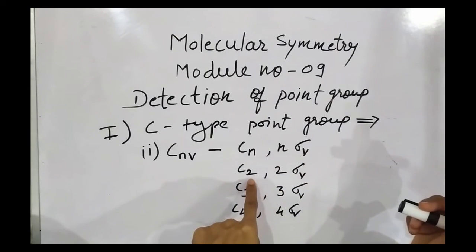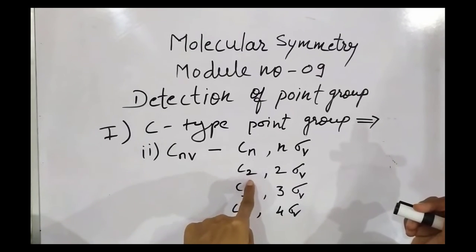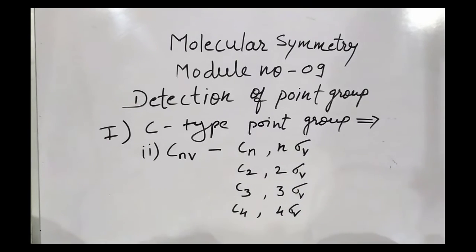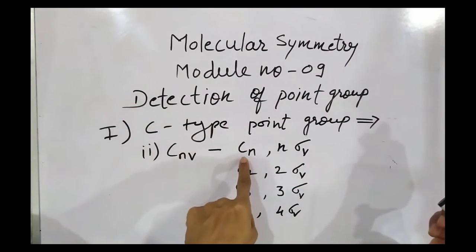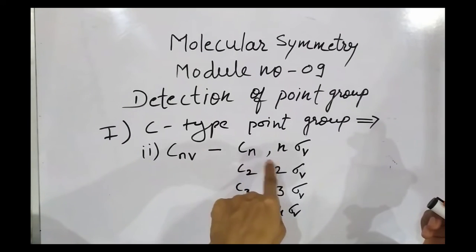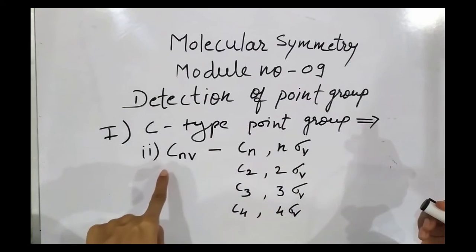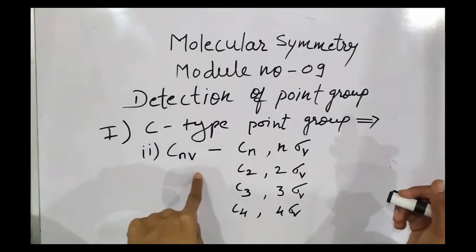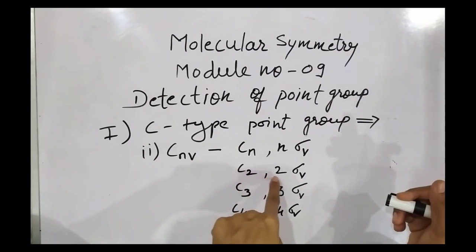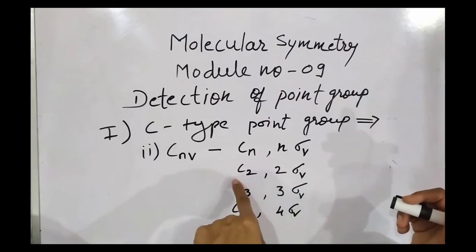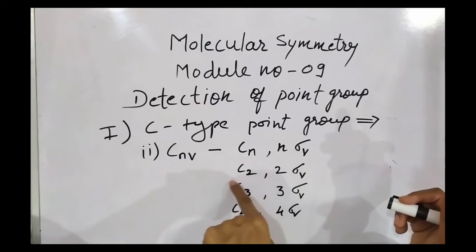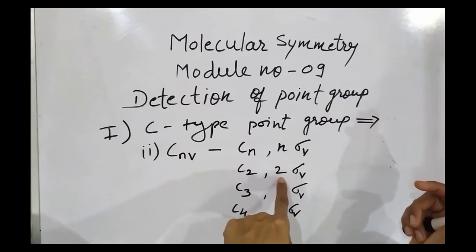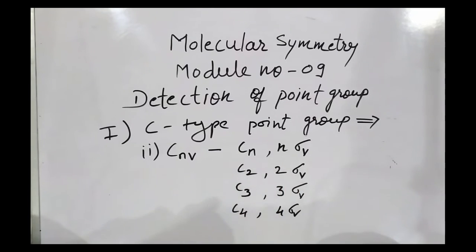Whatever is the fold of rotation for the principal axis we have, that many should be the number of vertical planes present in the molecule. So if a molecule possesses CN as the rotational axis and n number of vertical planes, then it is said to belong to the point group CNV. If I have C2 as the rotational axis and 2 vertical planes, what will be the point group of this molecule?